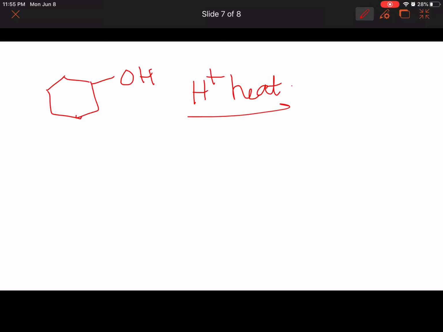and then the next one, you have cyclohexanol, and what we have is H plus and heat. Now this will take the same mechanism as we did for our cyclohexanol: it is going to take the hydrogen and form a protonated alcohol.